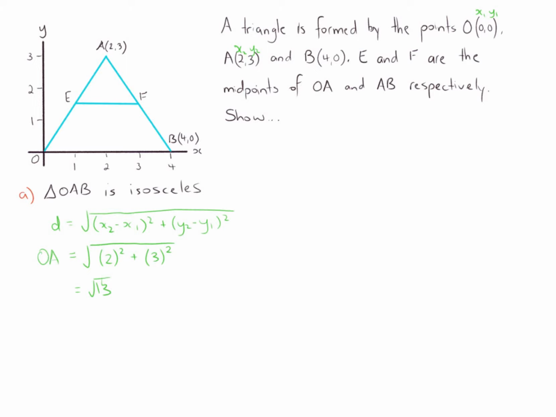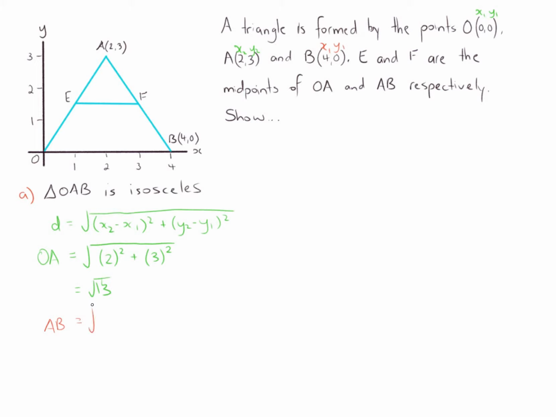Let's now compare to distance AB. For AB, we're using two different points. We have x2, y2 already labelled for point A, so let's just keep that as x2, y2, and point B will now make our x1, y1.